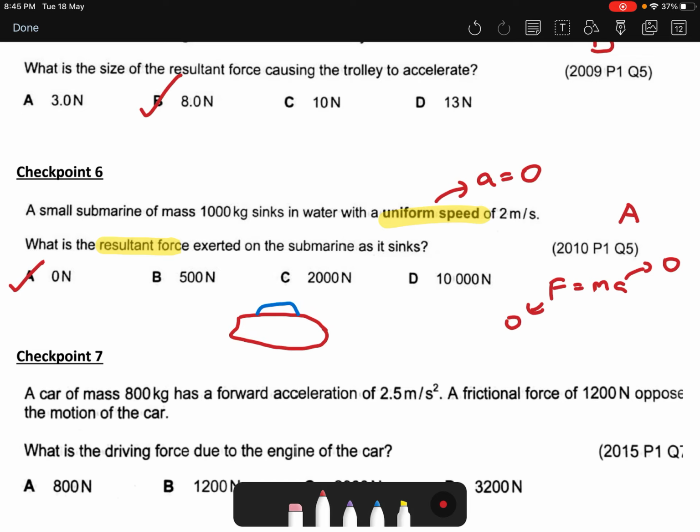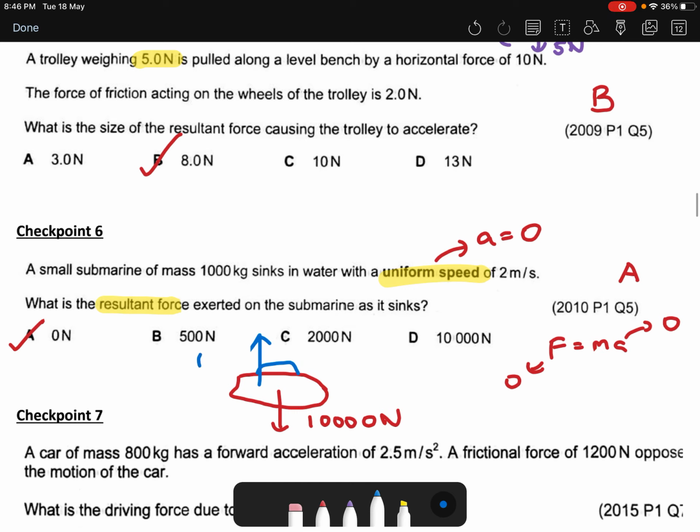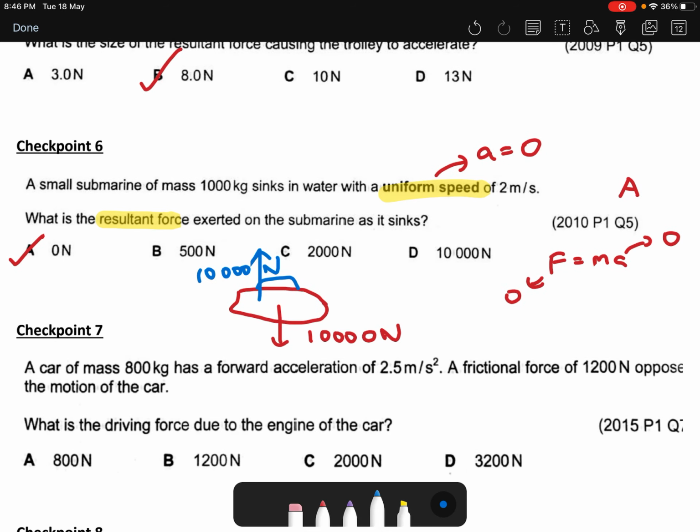So your submarine has a mass or weight of 10,000 Newton. So this is your weight, and there's an upward force. This is what we call the upthrust. So your upthrust should also be 10,000 Newton. Okay, so these two forces cancel out. That's why your resultant force is equal to 0.